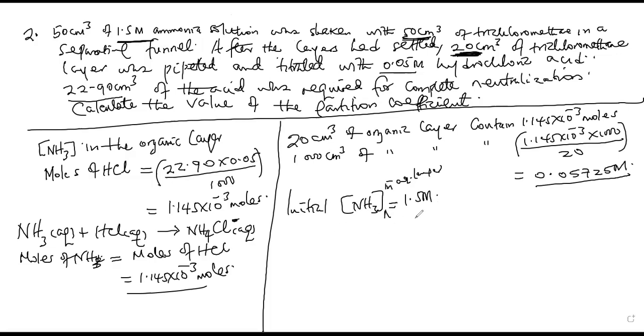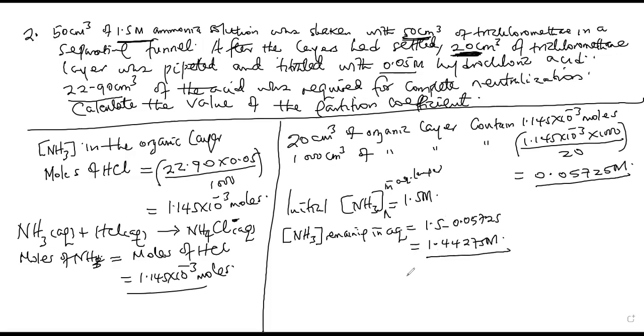Now, since you have the one in the organic layer, you can get the concentration of ammonia remaining in the aqueous layer. That would be 1.5 minus 0.05725, and this is going to give you 1.44275 molar.